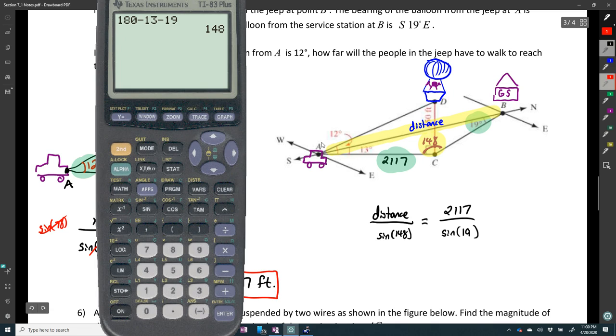And then we just do what we've been doing. Multiply sine of 148 to both sides. Those cancel. So my distance, my solution, is 2,117 times sine of 148 divided by sine of 19.